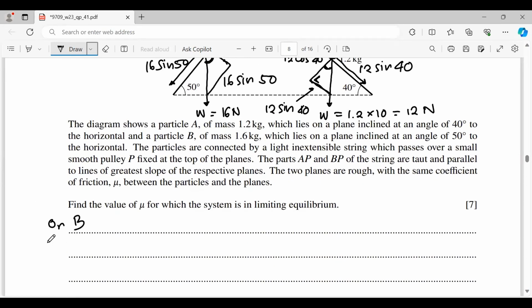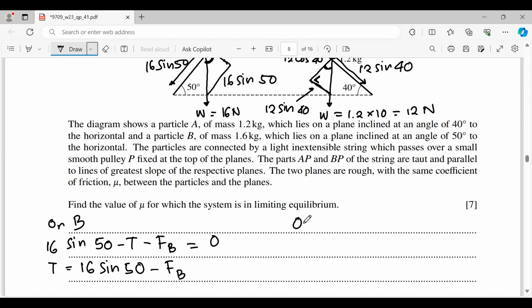We can write it like this: 16 sine 50 minus T minus force acting on B equals 0, or tension equals 16 sine 50 minus FB. That's on particle B.